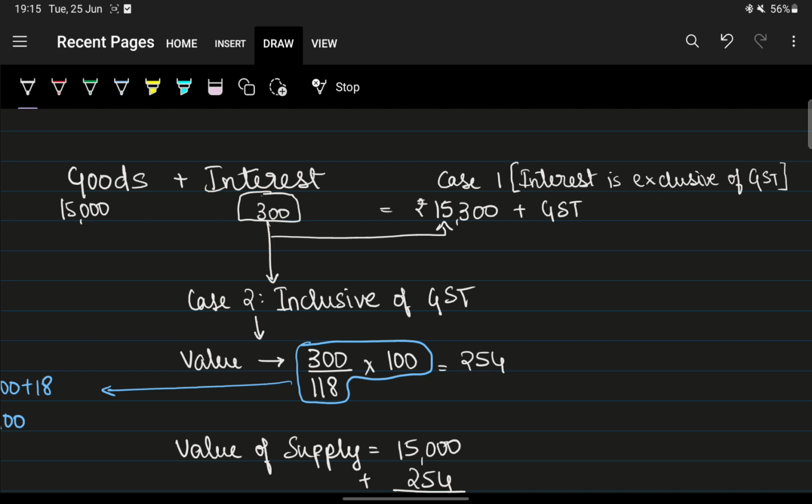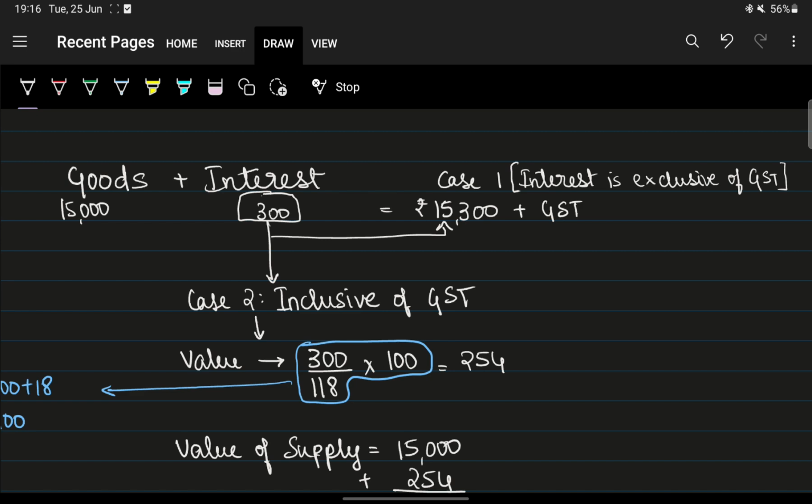Suppose they have given only 500 rupees as interest, then we assume that 500 includes the GST amount also. Then we will find out what the GST amount is and what only the interest amount is.